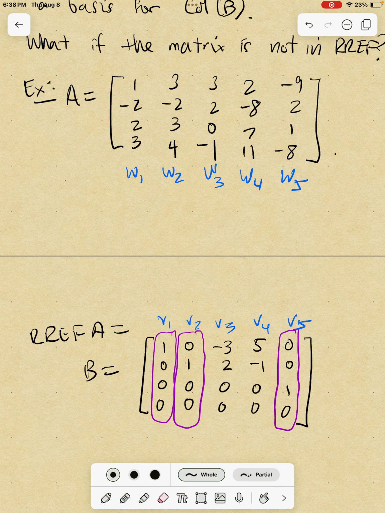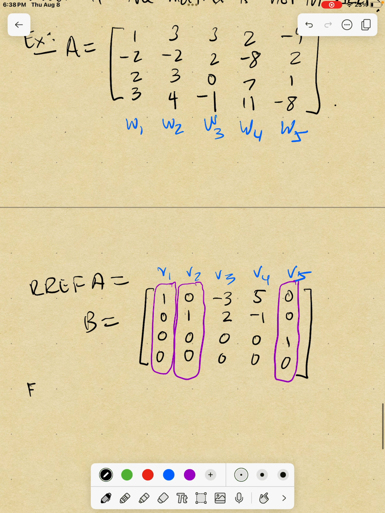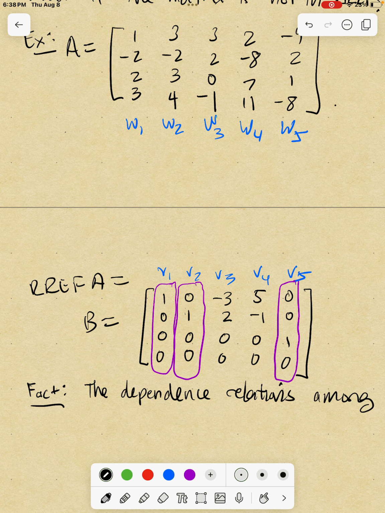Now the important fact that we'll need for this is that the linear dependence relations among V1 through V5 also hold for W1 through W5.